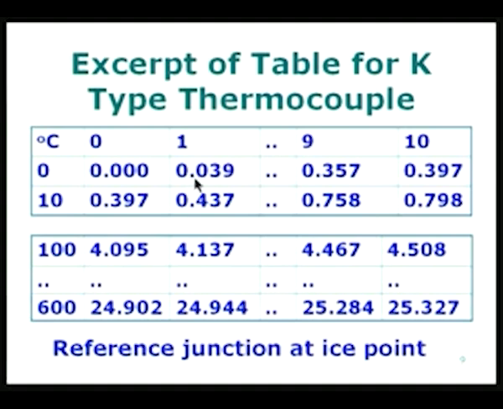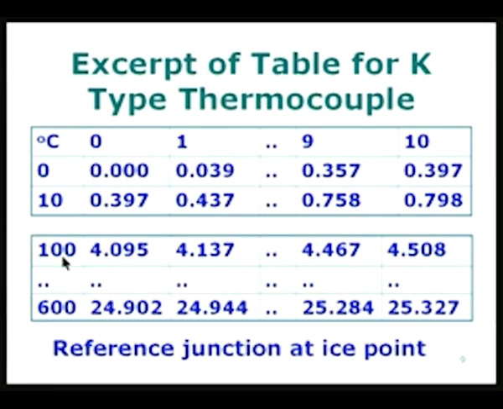So this 0.039 is nothing but 39 microvolts, or 0.039 millivolts, what we have given here is millivolts. Then 0.357, 0.397, and again it starts 10, 11 up to 20.